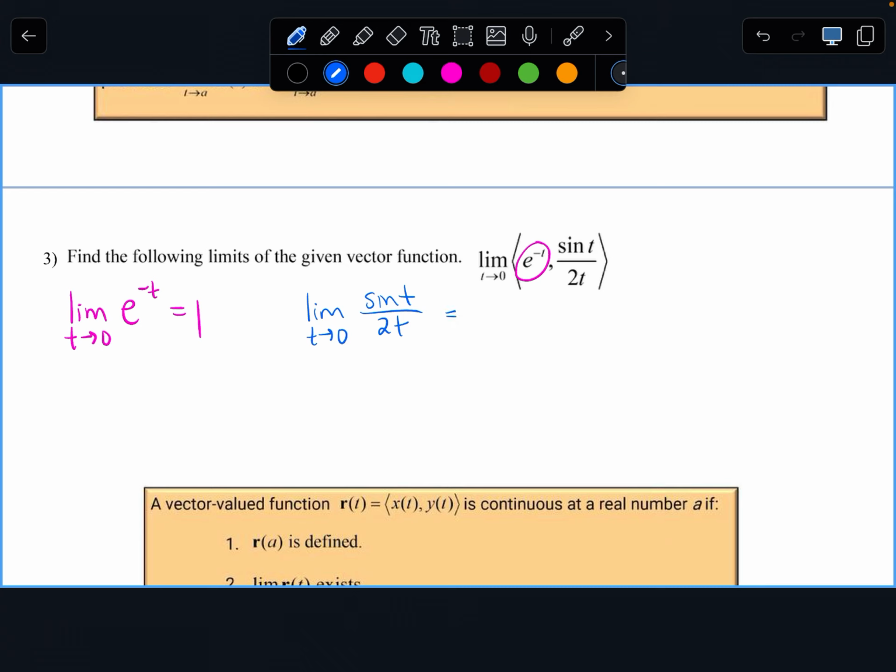Sine of 0 is 0, and then you could do L'Hopital. That's one. Or, this is a little bit of a throwback, if you wrote it like this, remember that? Because this one's a famous one. This one's 1, so it'd be 1 times a half.